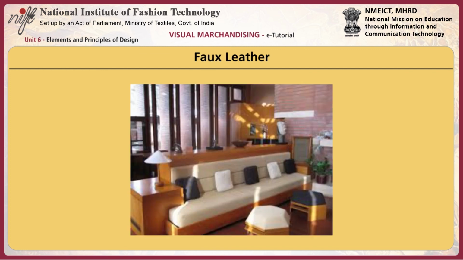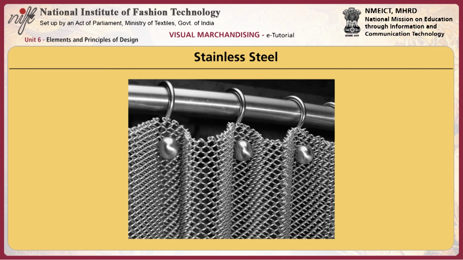Faux leather has beautiful tactile warmth and is available in 3 different hues: natural, chocolate and black. Since it's a rubber product, it's easy to maintain and suitable for kitchen and bathroom cabinetry. And of course, it works as a substitute for leather and is a cheaper option. Stainless steel.